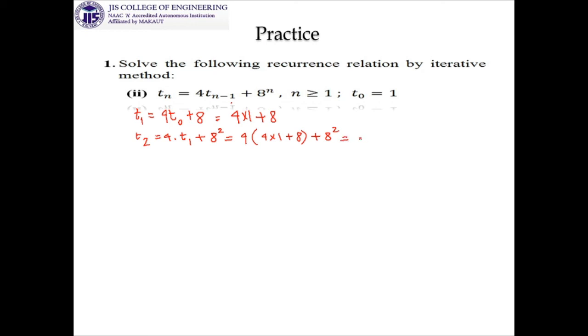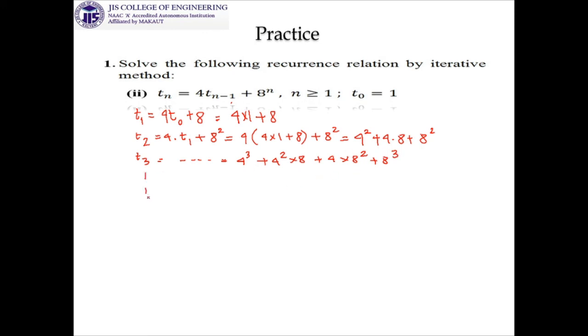So can I write it as 4 square plus 4 into 8 plus 8 square. Next we are starting from T3 and your calculation will give you 4 cube plus 4 square into 8 plus 4 into 8 square plus 8 cube.